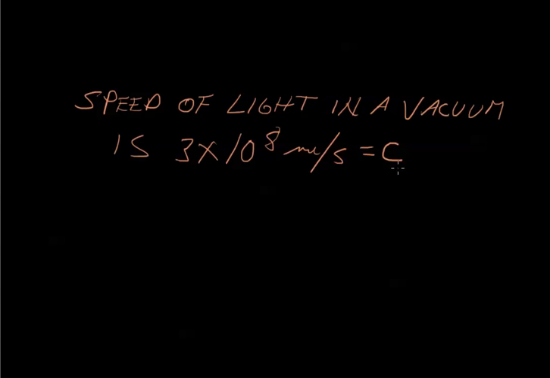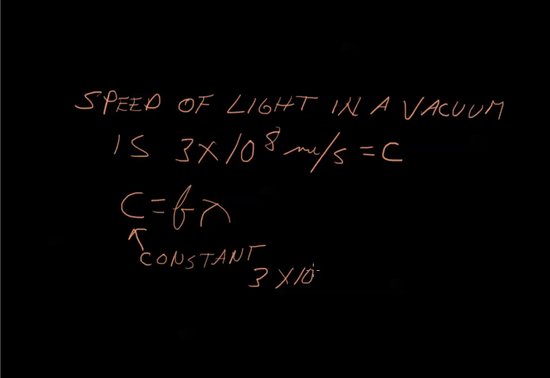So anytime you're working with an electromagnetic wave, you quite often will see c equals frequency times wavelength, where c is the constant, the speed of light, which is 3 times 10 to the 8th meters per second. It's kind of like the acceleration due to gravity, a constant 9.81.